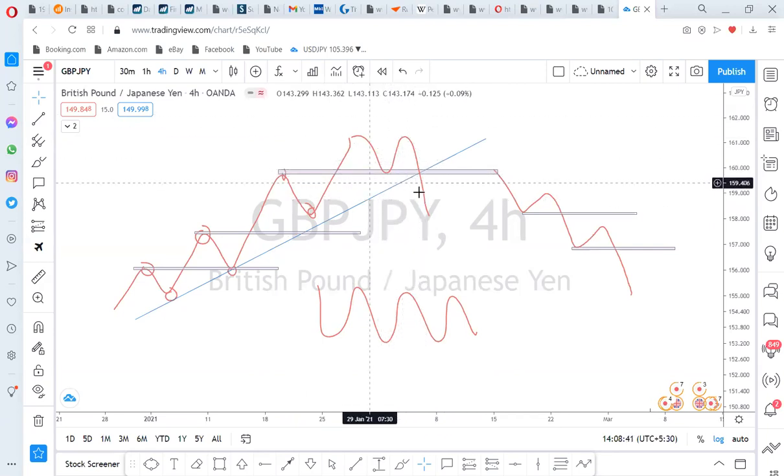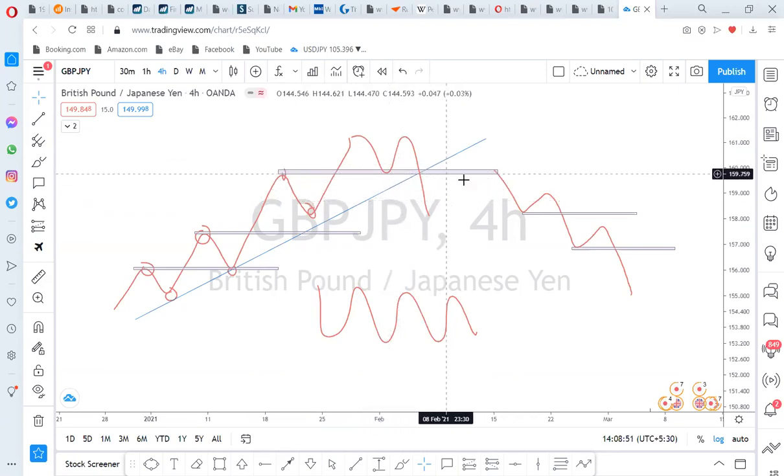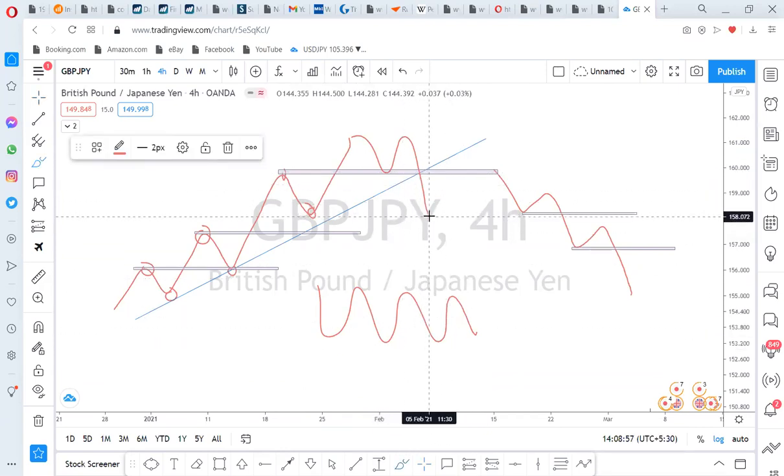And therefore, a higher low has been created over here. And so we have to wait and see how price reacts to this market. So we wait and see if price will come and retest this zone and create a higher low.